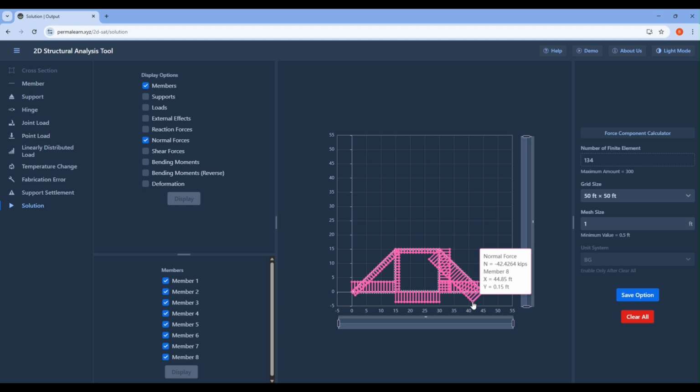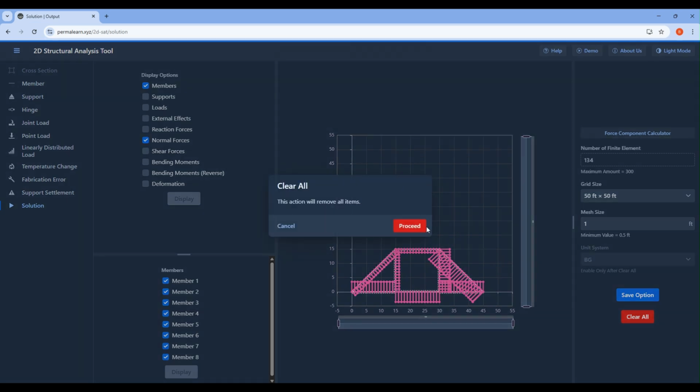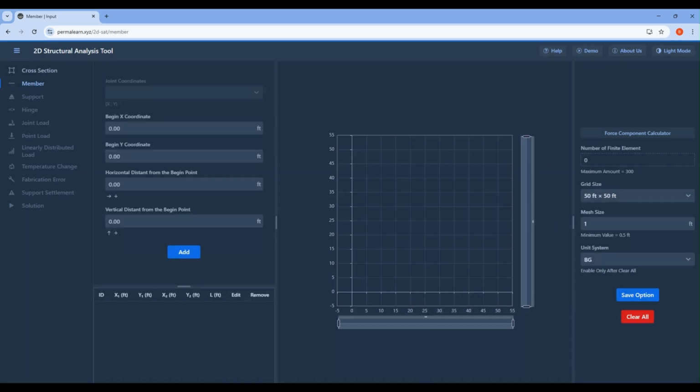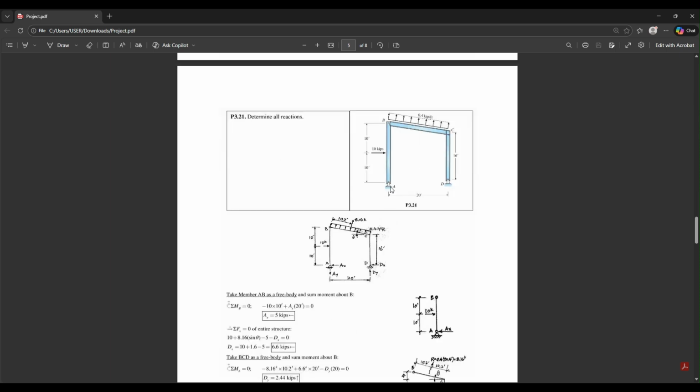This is right. So by this, we already solved this problem. And now let's move on to another problem, which asks us to determine our reaction if we have this incline, and at B here it is a hinge, and we have this uniform distributed load.